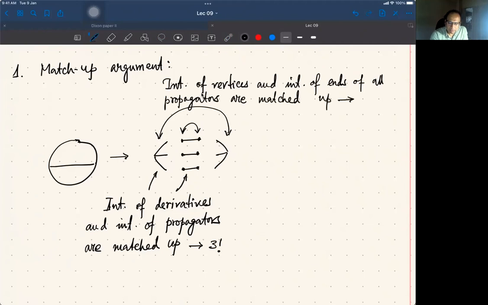And that gives a factor of 2. And therefore, the result for S is factorial 3 times 2.